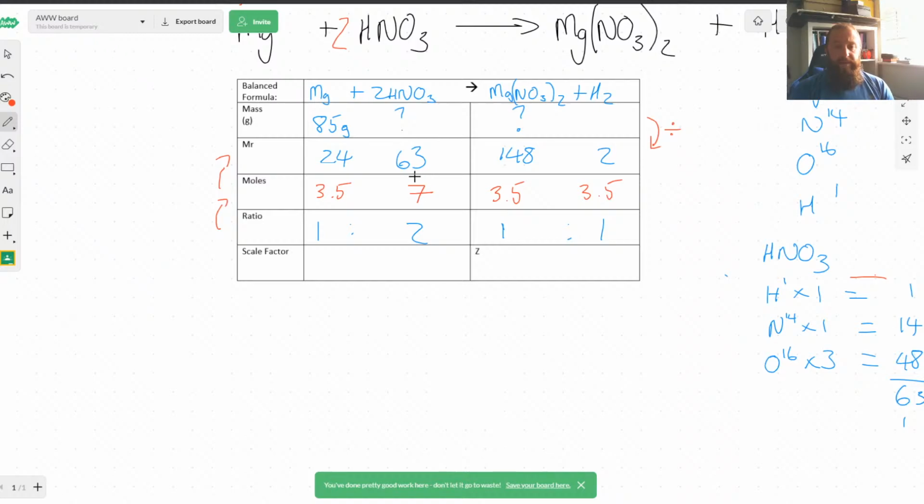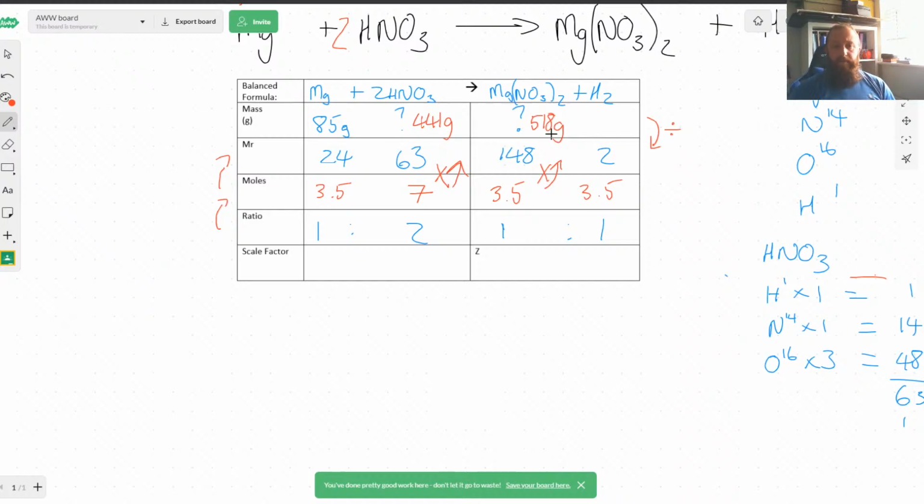So 7 times 63 is 441. Multiply those together because we're going up. 3.5 times 148 is 518.